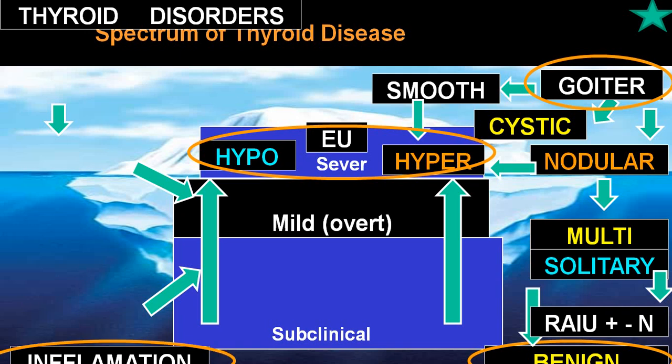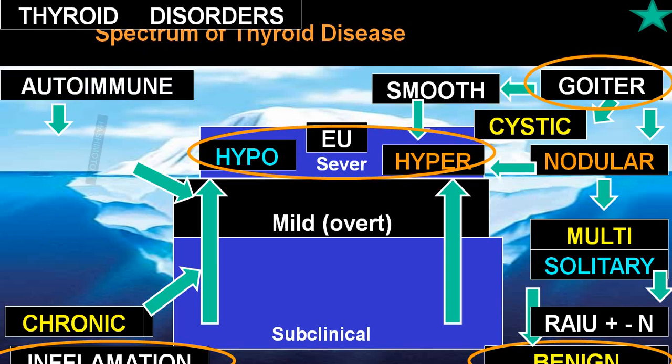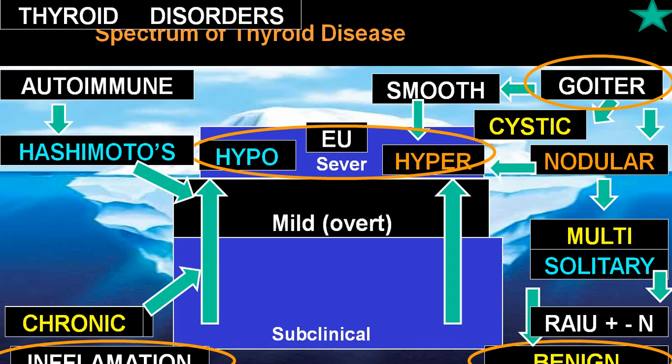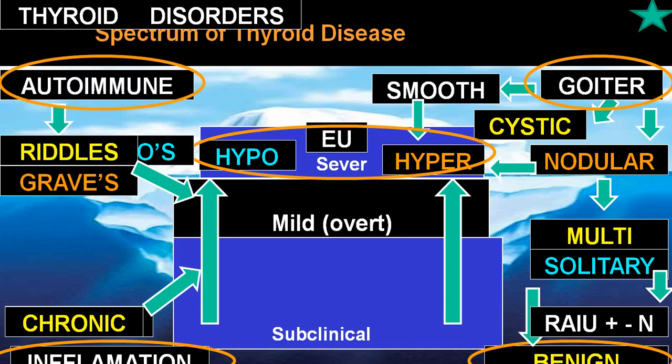There can be inflammation that can be acute, mainly by bacteria or virus. It can be subacute, which is mainly by virus, or it can be chronic, which is very frequently because of another group of disorders. It can be autoimmune, and in autoimmune we have three classical varieties: Hashimoto's, Riedel's, and Graves' disease.